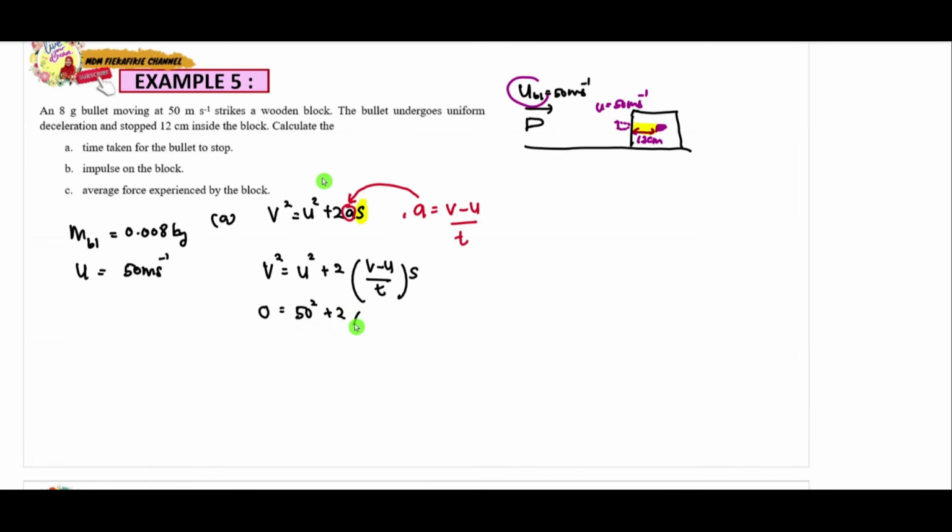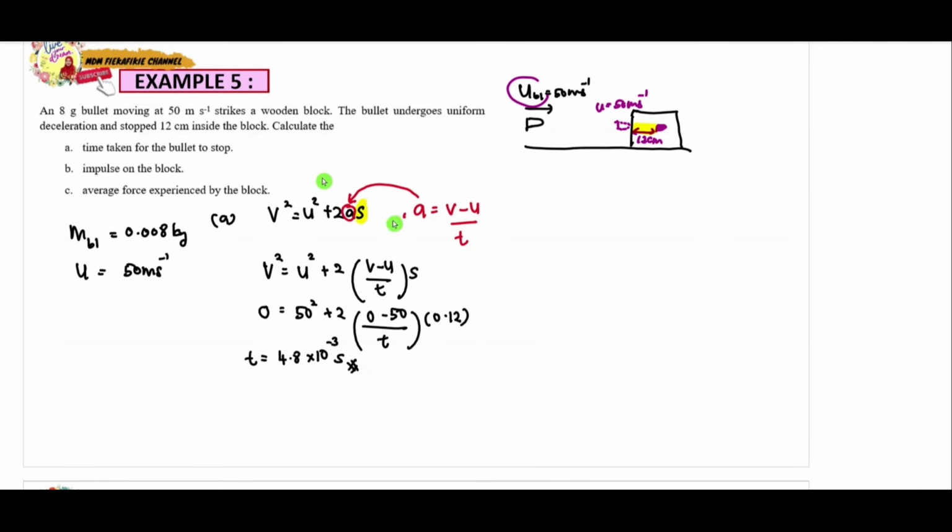So 50 squared plus 2, v is 0 minus 50, and t we don't know, we want to find. For s, make sure you change 12 cm to meter. After calculation, you will get t is equal to 4.8 times 10 power of negative 3 seconds.